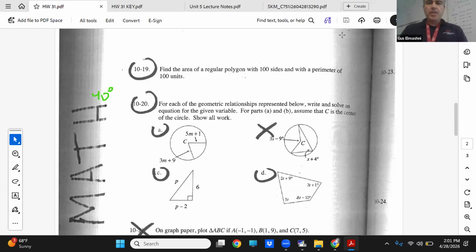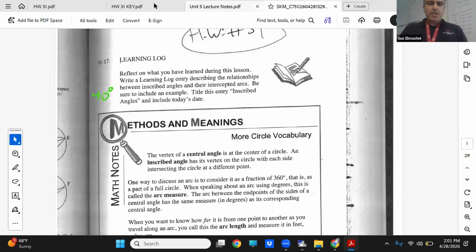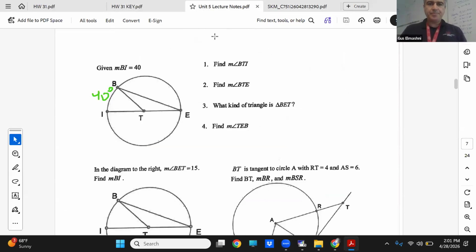Cool. All right. Yeah, so let's talk about it. If that's 40 degrees at arc, then BTI is also 40 degrees. And then if that's 40, how much is left for BTE, guys? How much left over?